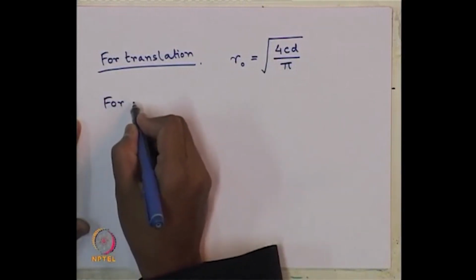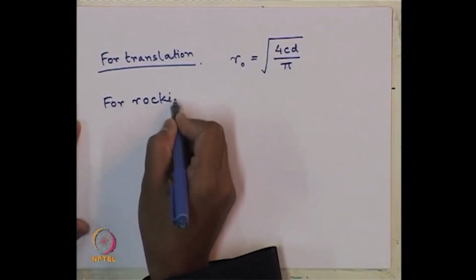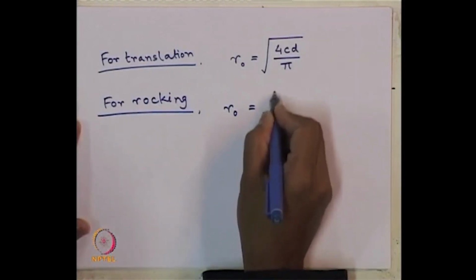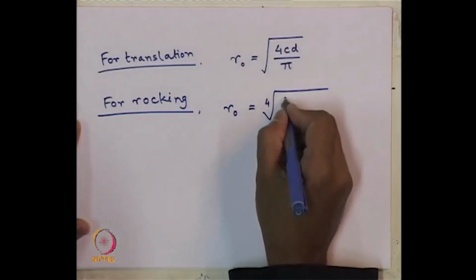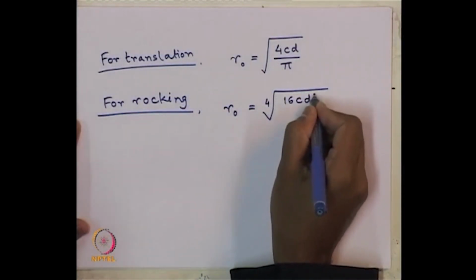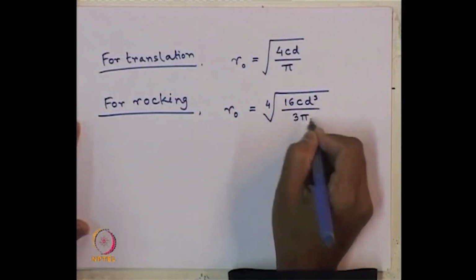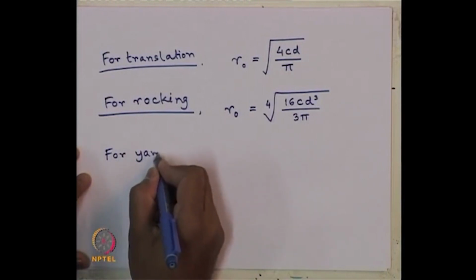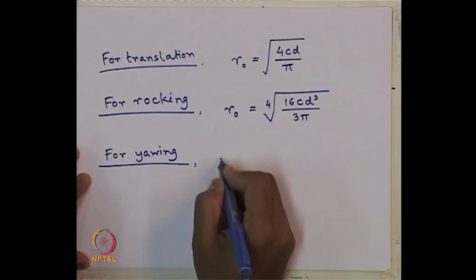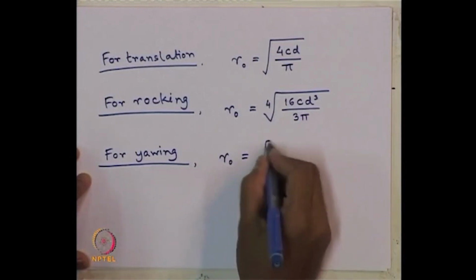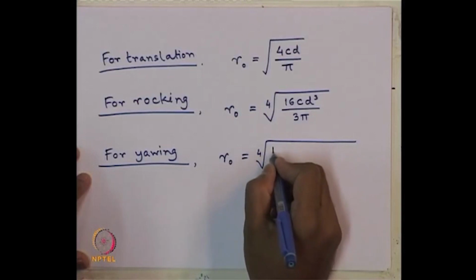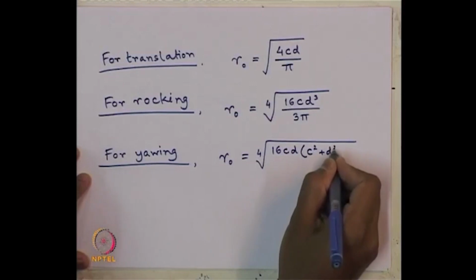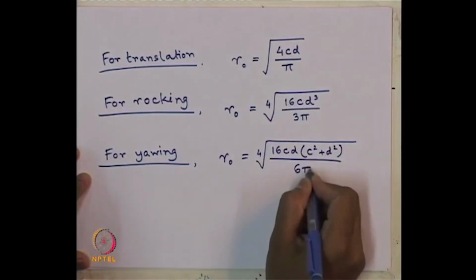For rocking mode of vibration, R naught is calculated using this expression 4th root of 16 C d cube by 3 pi, and for yawing mode of vibration, R naught is calculated using this expression 4th root of 16 C d times C square plus d square by 6 pi.